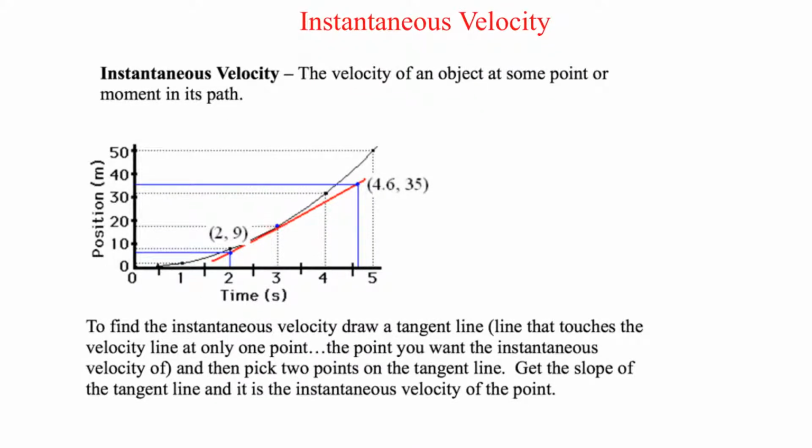The instantaneous velocity of an object is at some point or moment in its path. Here is our original line, this black line here. You'll notice that it is not a straight line, it's curved. What can you tell me about the velocity of the object that made this graph?